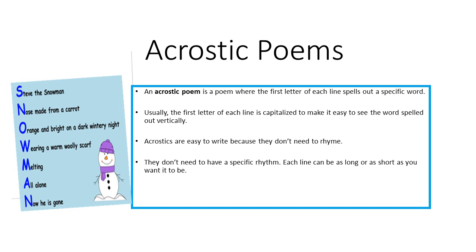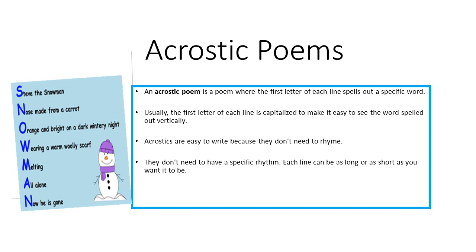All right, so the first thing that you will notice is that in an acrostic poem, the first letter of each line spells out a specific word. In this case, it spells out snowman. It spells out what the poem is about. Usually, the first letter is capitalized or it's a different color to see the word spelled out vertically easily.